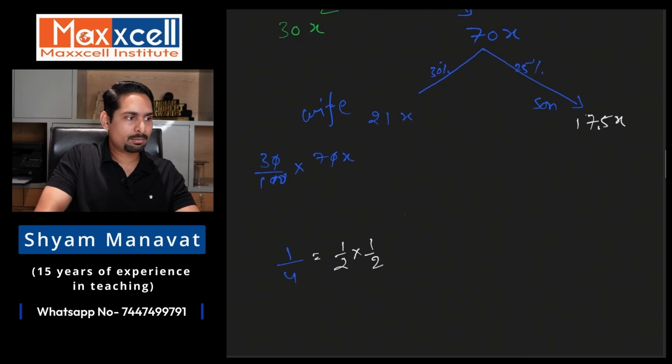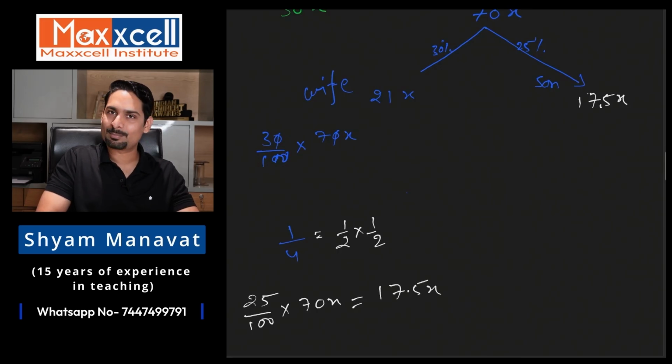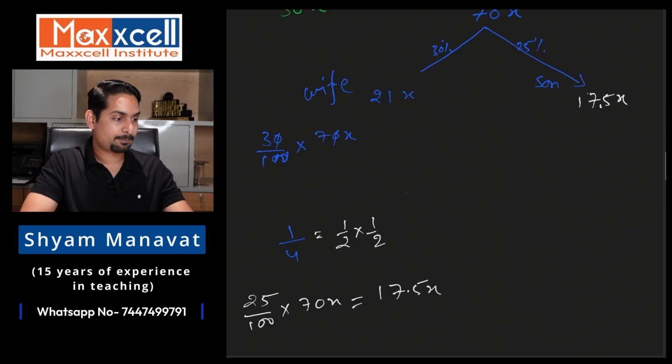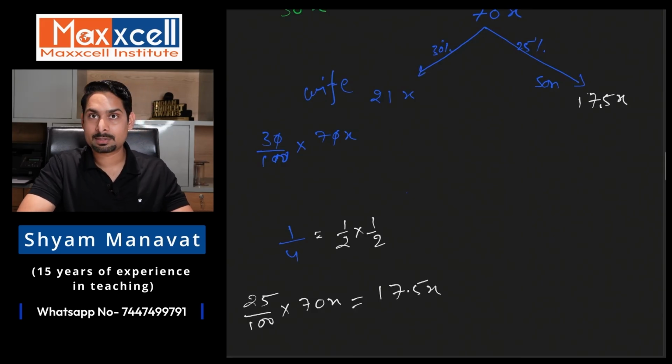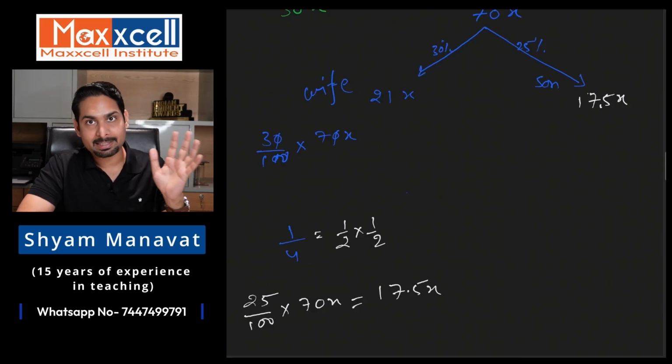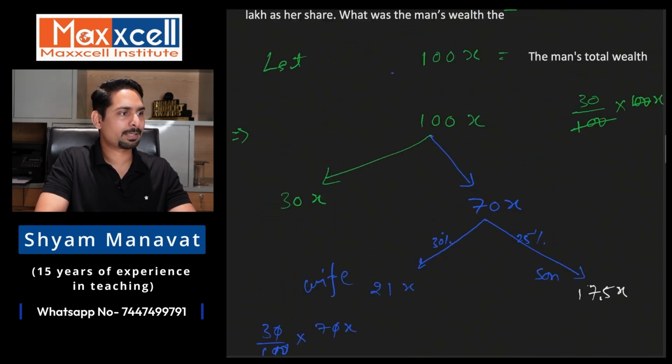If you still want to calculate, you can calculate this way: 25% into 70x and you still get 17.5x. I suggest don't waste time. Just learn this fast calculation and it will come with practice. It won't come overnight, so stay tuned and keep watching all the lectures. 17.5.